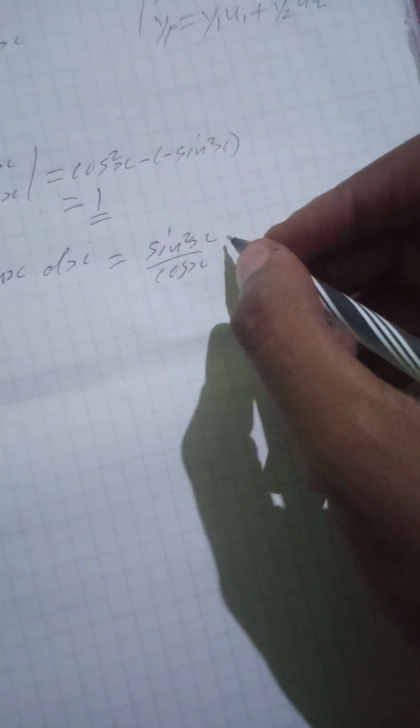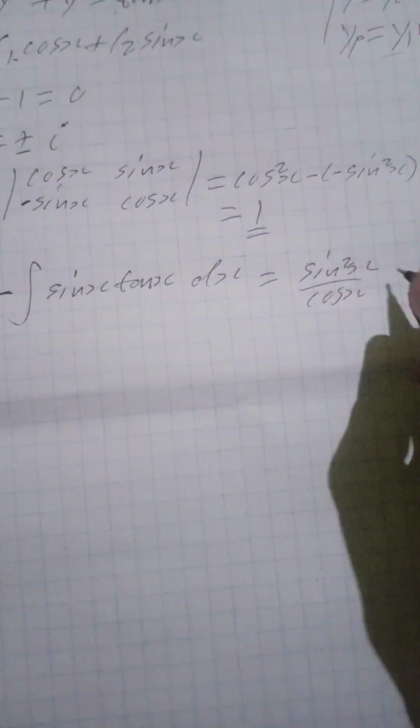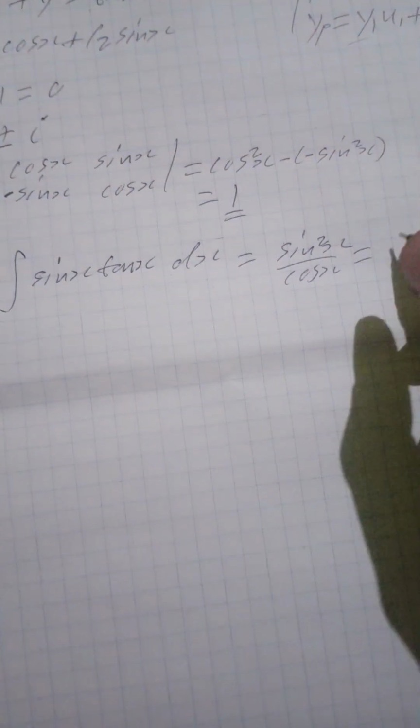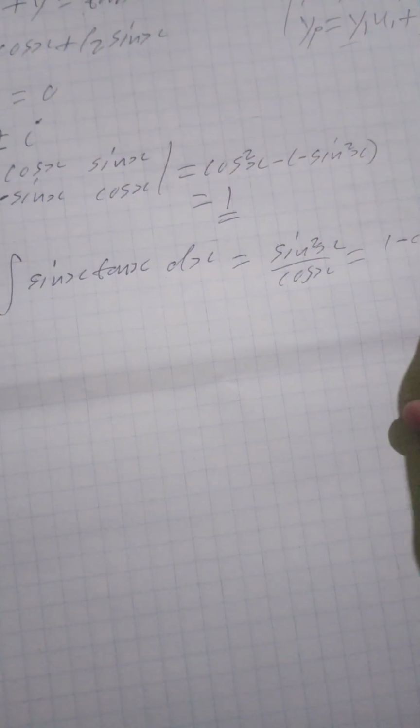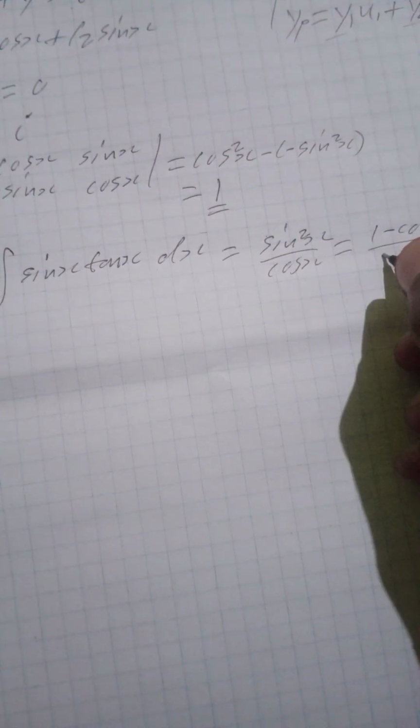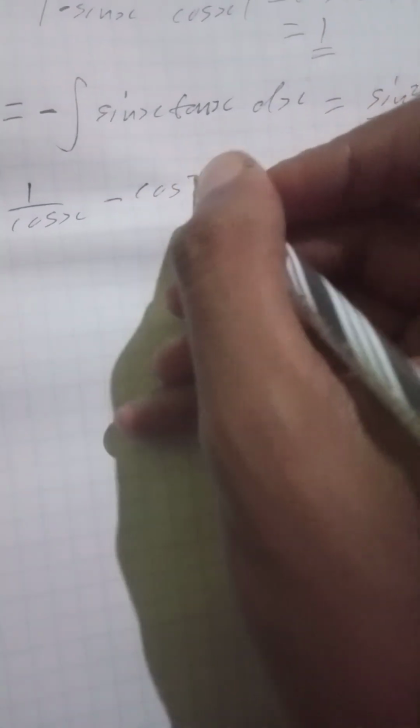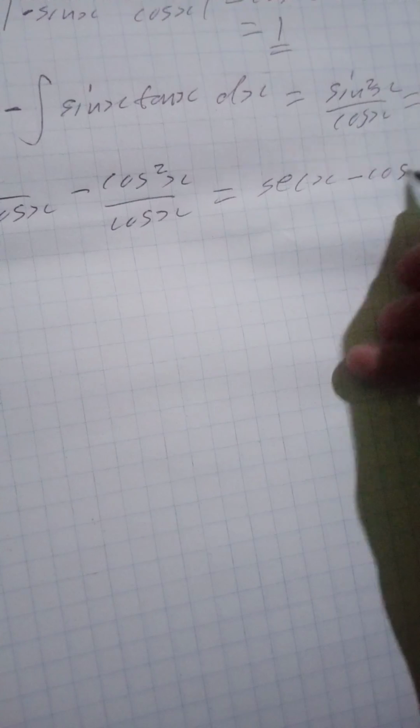I'm going to omit the integral for now to make things easier. This is equal to 1 minus cosine squared x divided by cosine x, and we can further simplify that as 1 over cosine x minus cosine squared x divided by cosine x. So this is secant x minus cosine x.